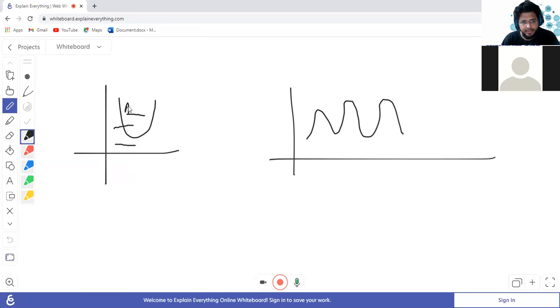So starts in area 1 and ends in area 1, starts in area 2, ends in area 2, starts in area 2 and ends in area 1, and one more is starts in area 2 and ends in area 2 with some part in area 1. Okay, so 4 situations can happen.